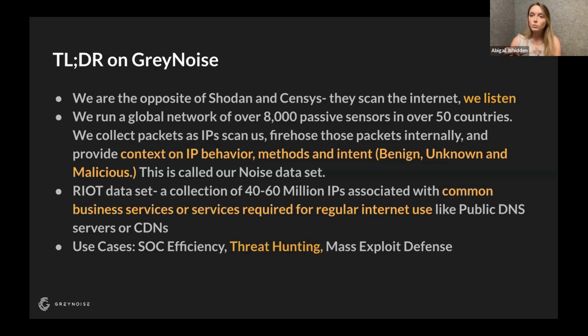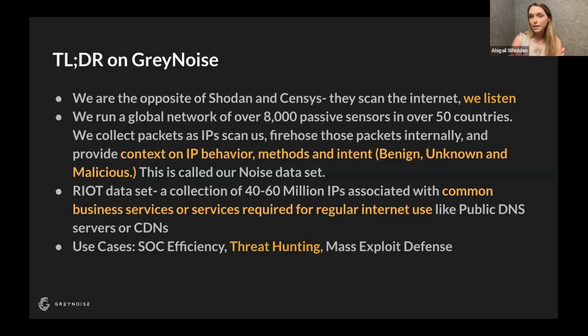For intent, we have 3 specific classifications. Benign, which means that it's a known security provider. That's where you'll see people like Shodan, like Censys. They have a legit purpose for scanning the internet and they follow the rules of doing so. If we see people scanning but we can't attribute them to any known good service, and we just see them doing generic scanning behavior, that's when they'll fall under unknown.